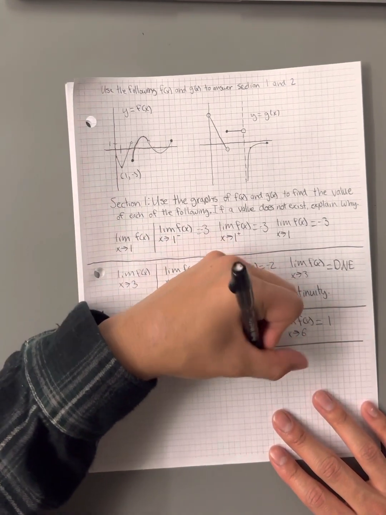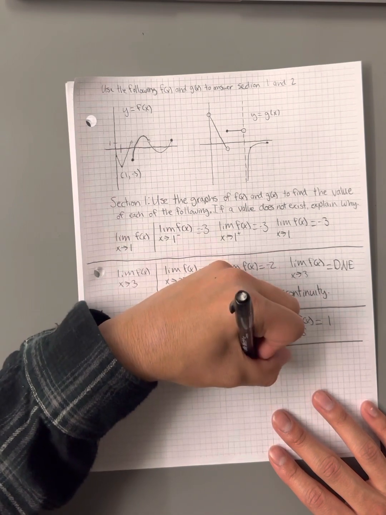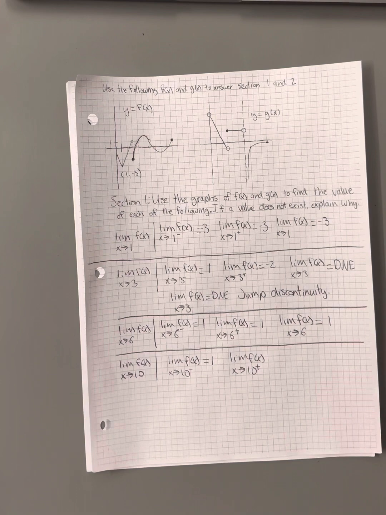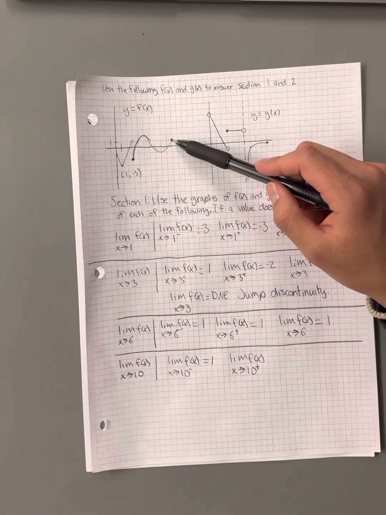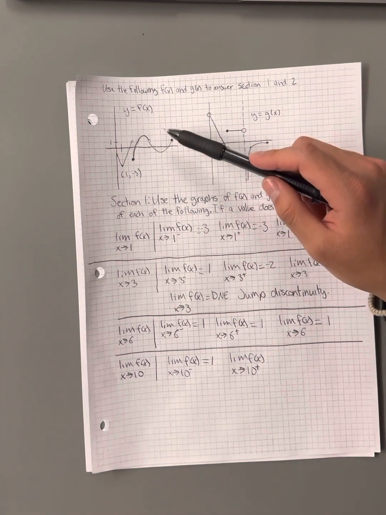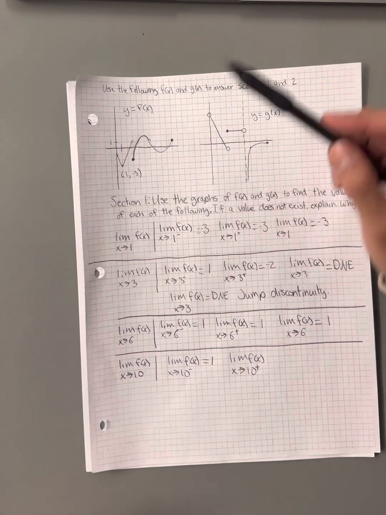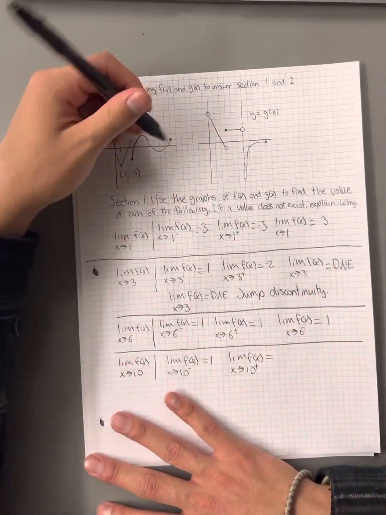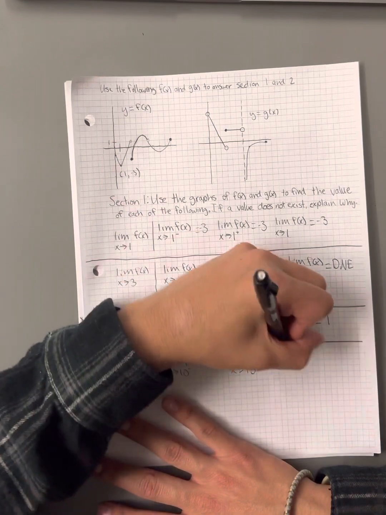So now let's look at it from the right. And you will notice that from the right, it is at 1 at x equals 10. So the limit as it approaches 10 from the right is just 1.